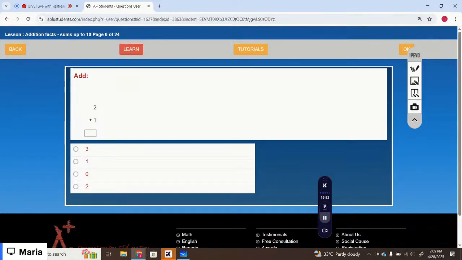Then 2 plus 1 equals 3. Option number 1 is the correct option. Okay, you can complete the lesson by yourself later today. Let me move to the next lesson.